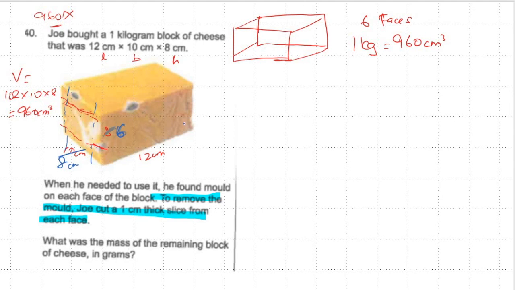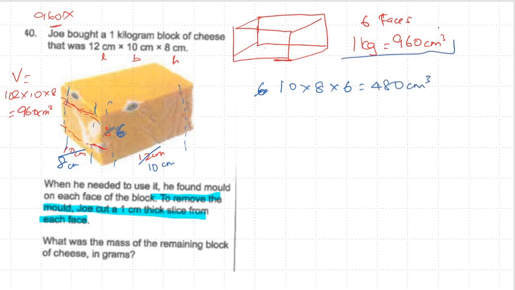And then another one will be here, where I cut 2 centimeter away, so here is 10 centimeter. So my volume becomes 10 times 8 times 6, which gives me 480 centimeter cube.